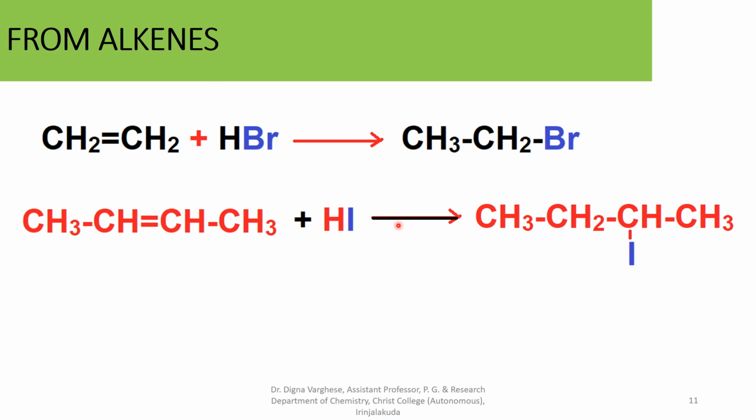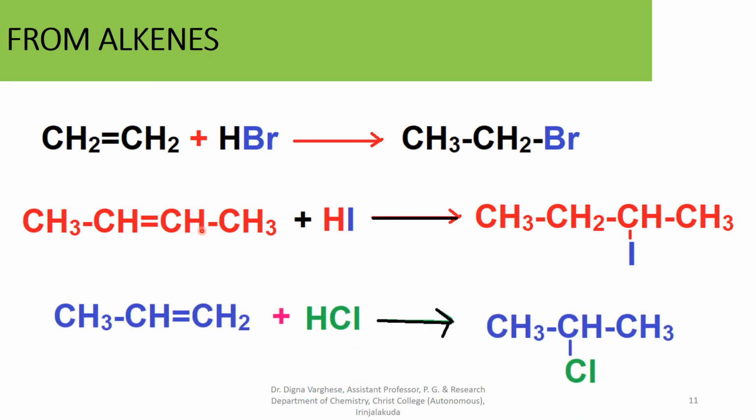But if the alkene is unsymmetrical, the hydrohalogen acids add to the unsymmetrical alkene in accordance with Markovnikov's rule. You can see here it is an unsymmetrical alkene, that is 1-propene.